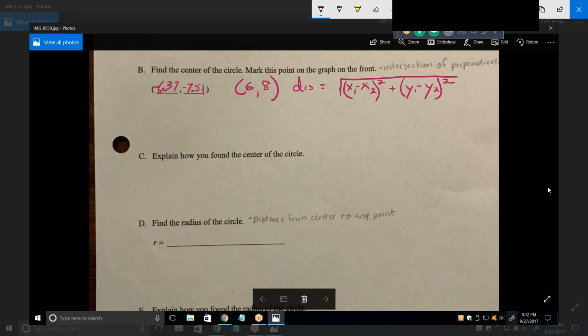If I switch the order, it just changes the negative sign, and I'm squaring it anyway. So the order is unimportant. It's the square root of, and now we just fill in everything. That's why it's a thing of beauty writing the general formula, because after that, the problem solves itself.